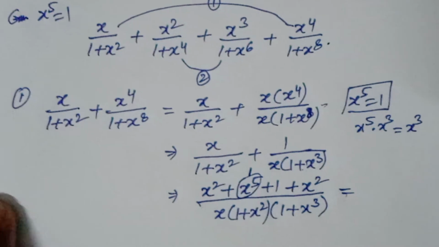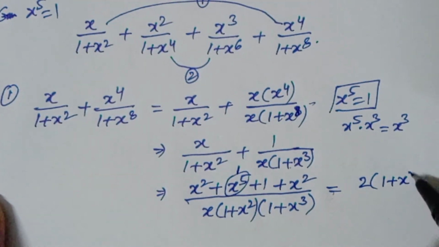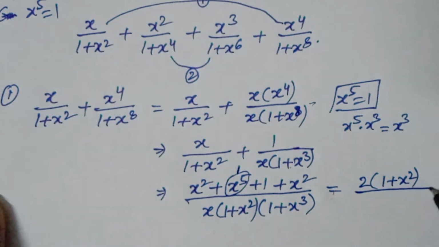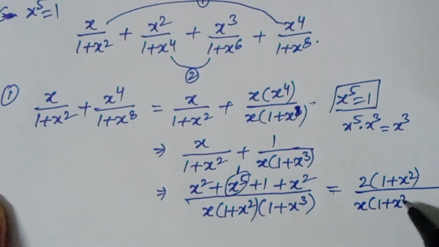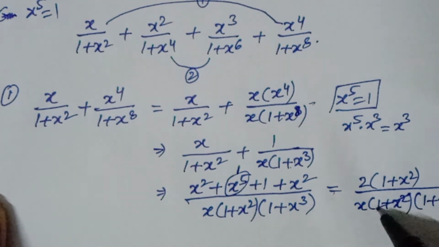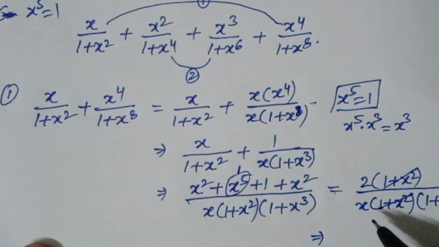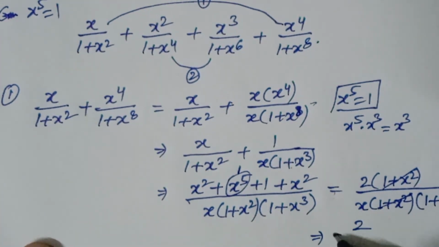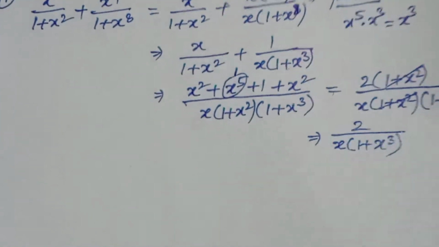So the numerator will become 2 into 1 plus x square, divided by x into 1 plus x square into 1 plus x cube. So these two get cancelled. You are getting 2 by x into 1 plus x cube. This is the first value.